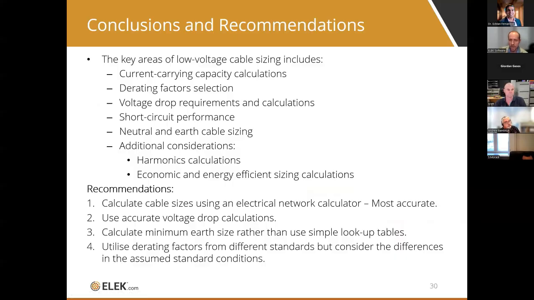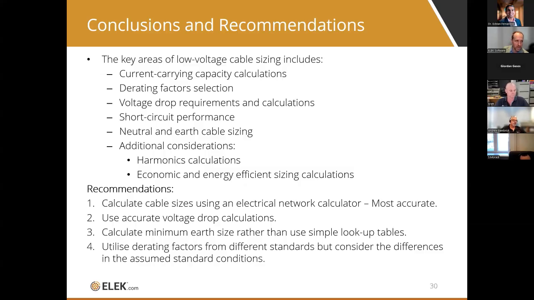Conclusions. Key areas of low voltage cable sizing include current capacity, derating factors, voltage drop calculations, short circuit performance, neutral and earth cable sizing, and additional considerations: harmonics and economic cable sizing. My recommendation is, I haven't shown it in this presentation, but it's ideal to perform cable sizing calculations together within your electrical network.